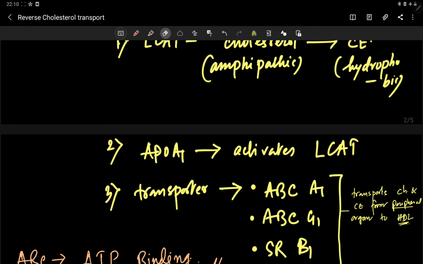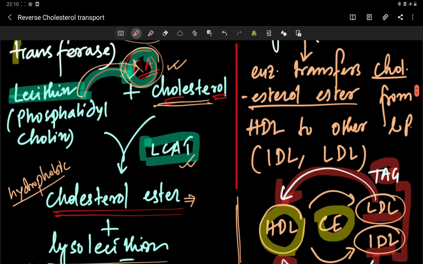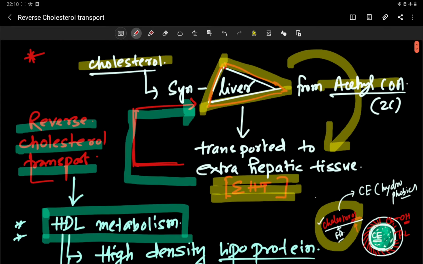And one new thing which I want to add here is the transporter, cholesterol or cholesterol ester transporter. I told here that in case of reverse cholesterol transport, your cholesterol is transported from extrahepatic tissue to hepatic tissue, that means liver.